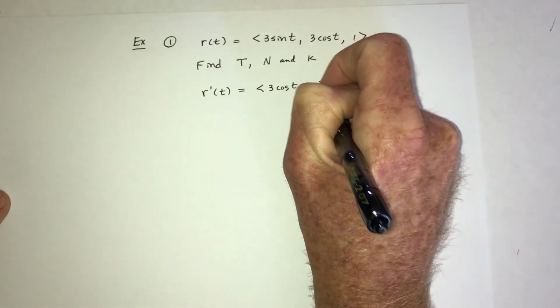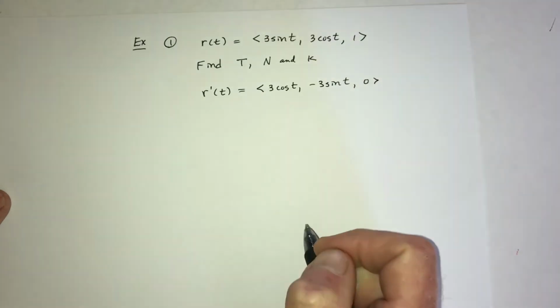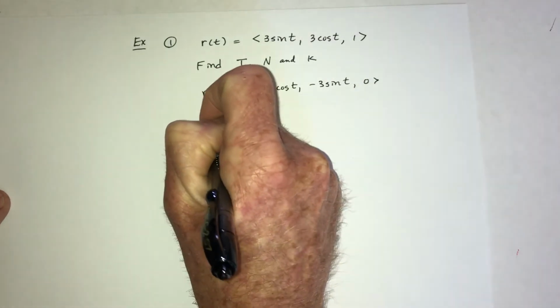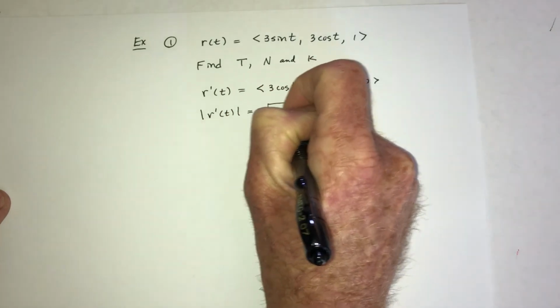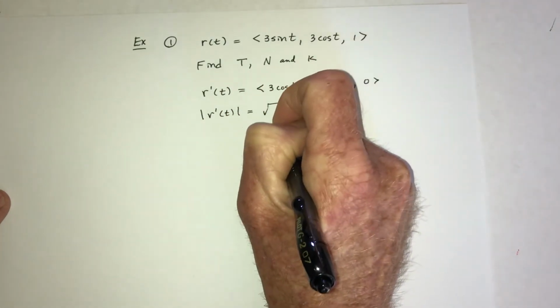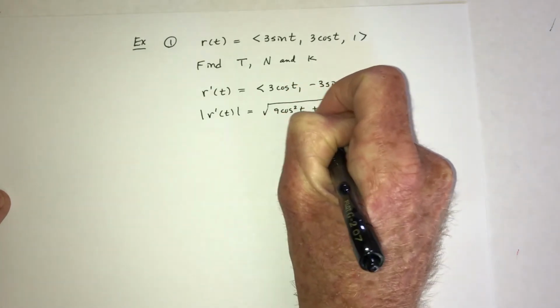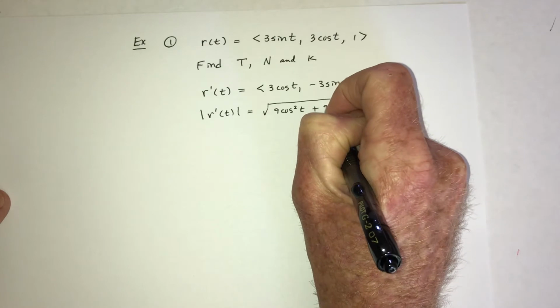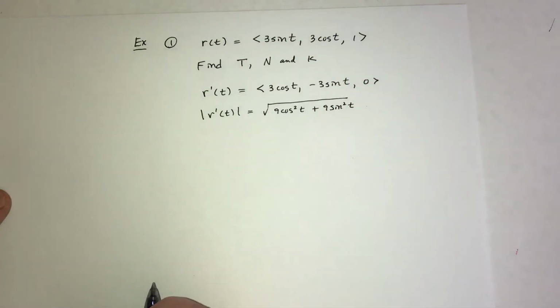This would be negative 3 sine of t, and the derivative of 1 is 0. Then what's the length of that? So that would be the square root. Square this is 9 cosine squared. Square this middle one will be 9 sine squared, and then plus a 0.